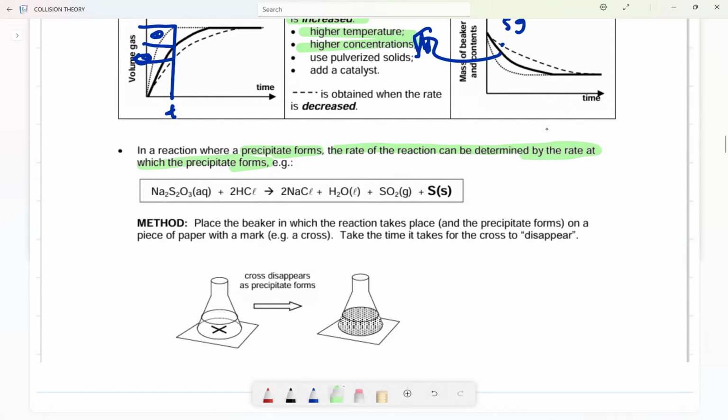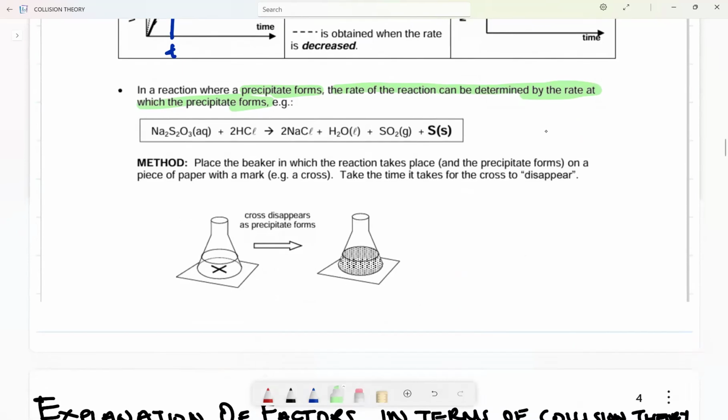What do they mean by that? If the precipitate forms, it means the reaction has ended. What we will measure here is the time it took for this precipitate to form.